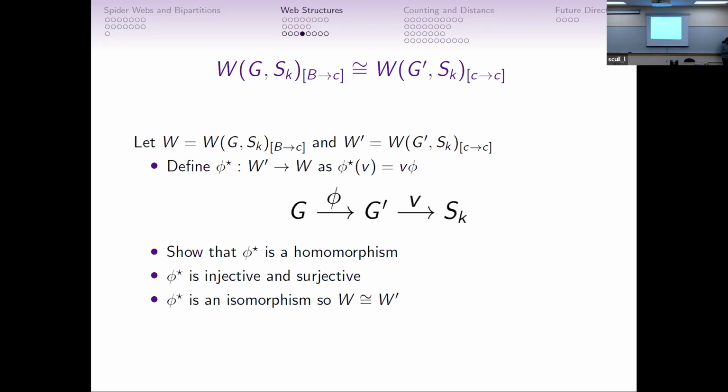Now, since W prime is a web, keep in mind that a vertex V from it is just a map itself. V phi is a composition of maps, as we showed that phi is also a map. And this map will be in the web W, since V phi goes from G into SK, as you can see from our little diagram here. So we'll show that phi star is a homomorphism that is also injective and surjective, which means it is an isomorphism.